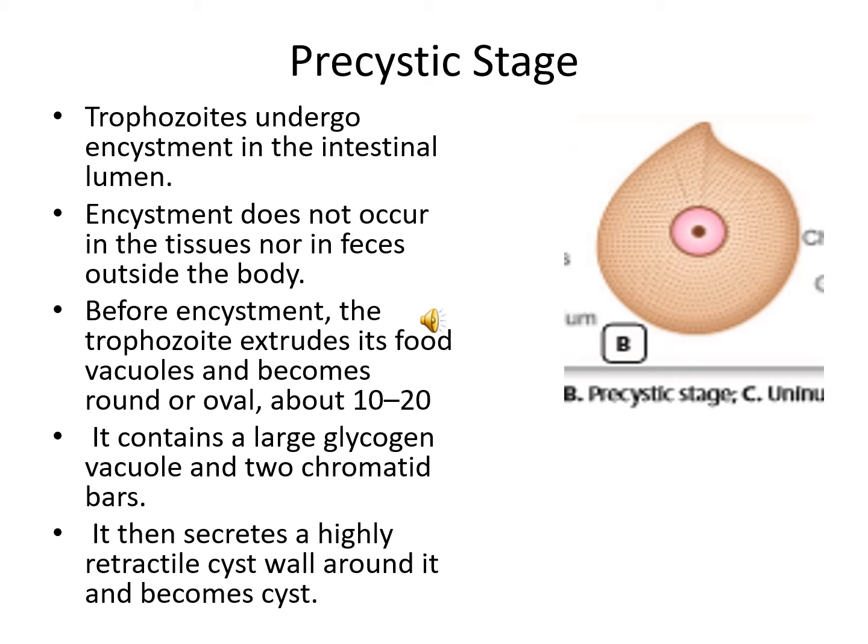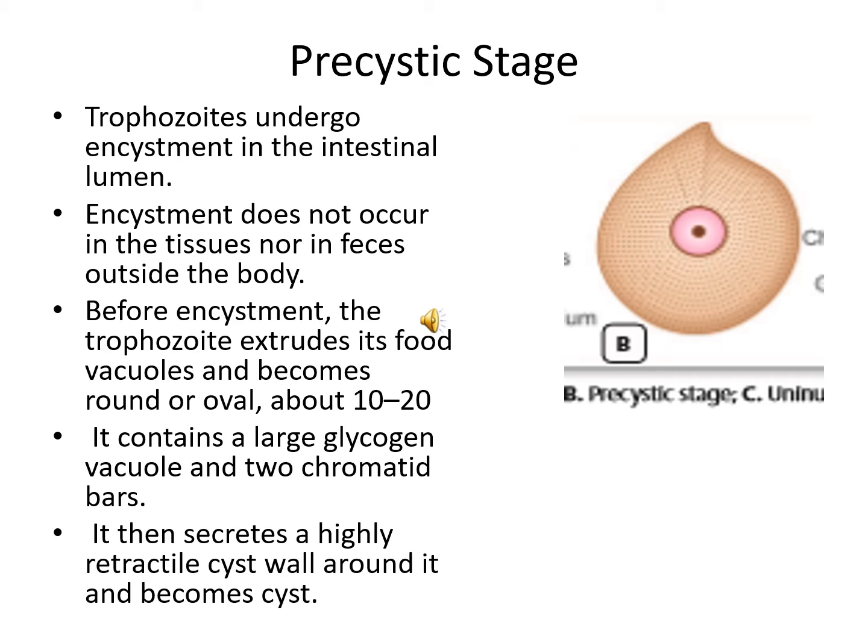The life cycle of the amoeba is such that a mature trophozoite forms a precyst, then a cyst. This maturation of the trophozoite to the cyst is called the encystment stage. The precyst is between the trophozoite and the cyst.